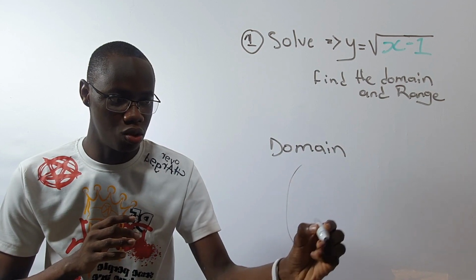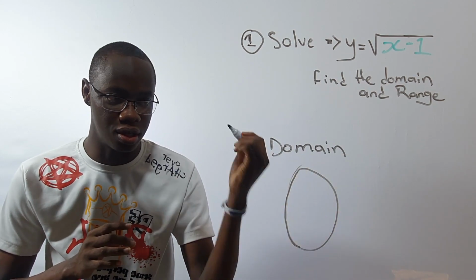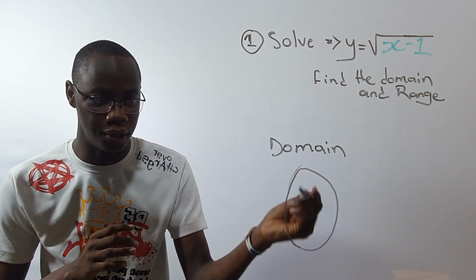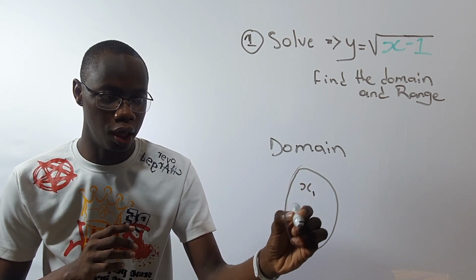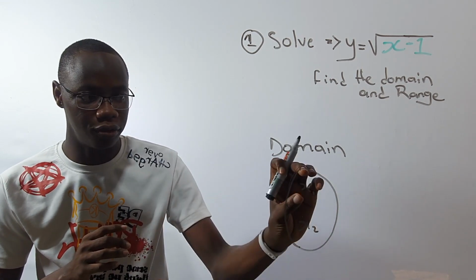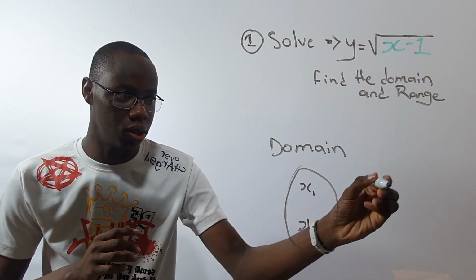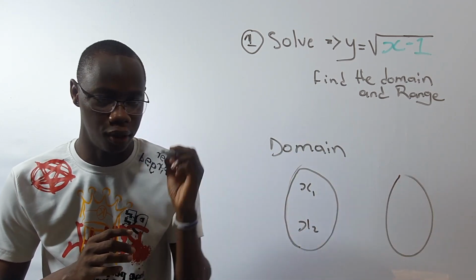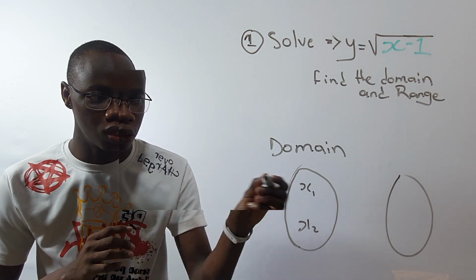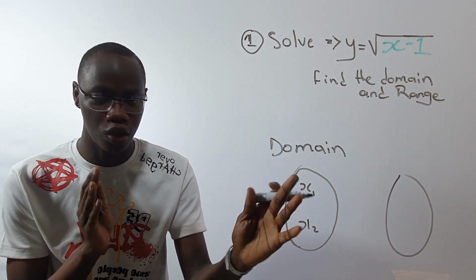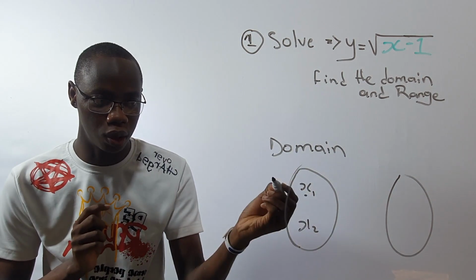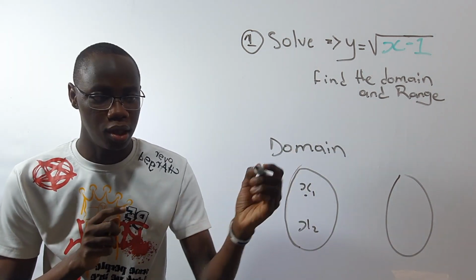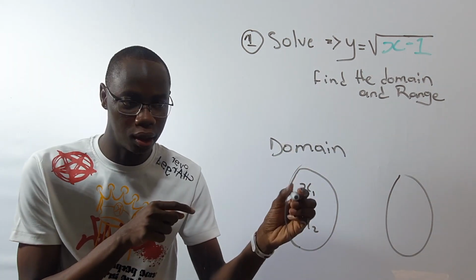So let's say you have a set like this or a pot like this, and you have x, x1, x2. So let's say you have some things inside, and then you have another pot here. So these guys are independent, they are just on their own. Whenever I find this one and I solve for them, they will produce something, right?